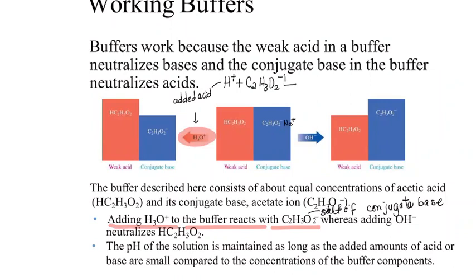And the product of that reaction is HC2H3O2. So this is the chemical formula of this. The outcome of it is an increased concentration of the weak acid. Put a 1 in the chat if that makes sense. Put a 2 in the chat if I have to repeat it.